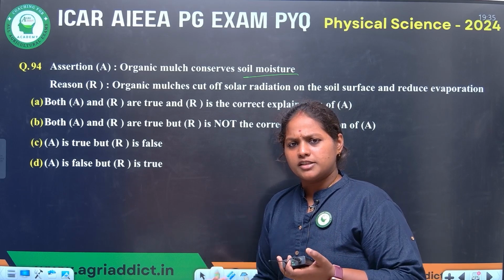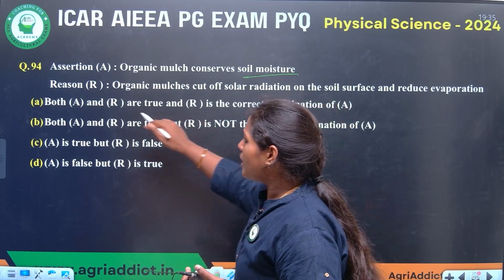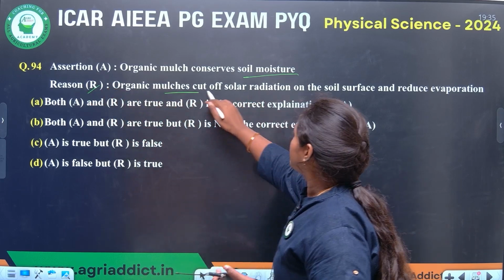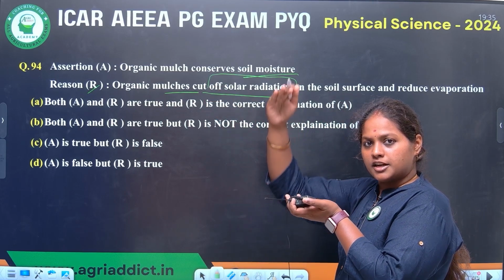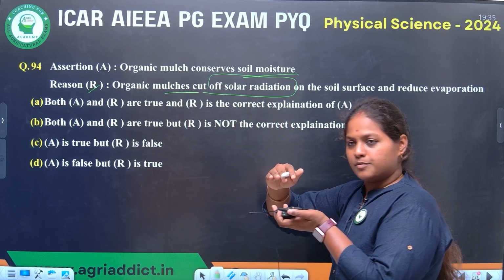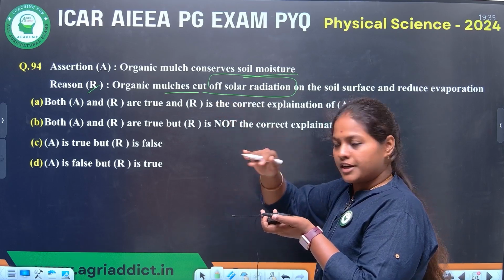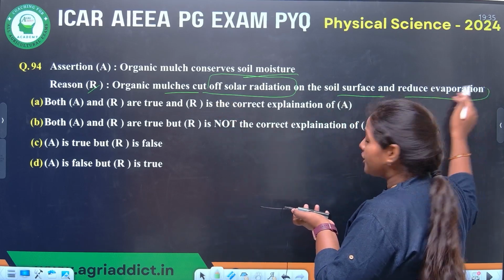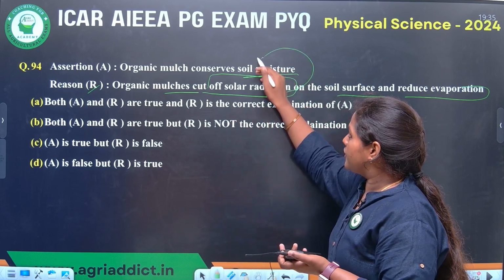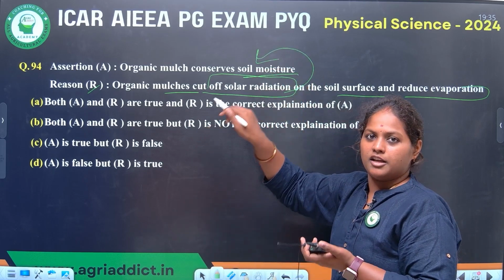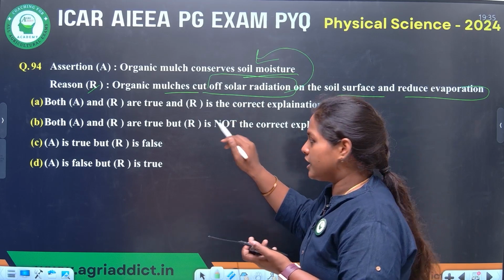These are the advantages of mulches. Reason: organic mulch cuts off solar radiation because it intercepts sunlight before it reaches the soil. It cuts off the solar radiation on the soil surface and reduces the evaporation of water from soil. In this way, it conserves soil moisture. So A and R are true, and R is also the correct explanation of A.